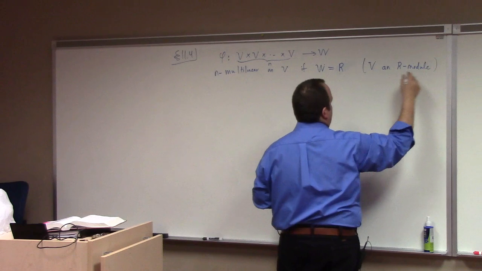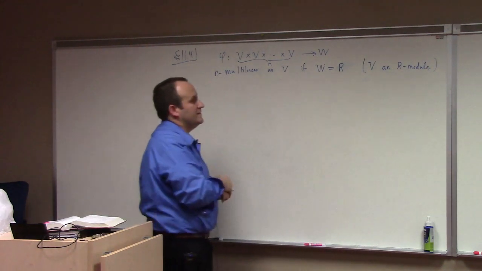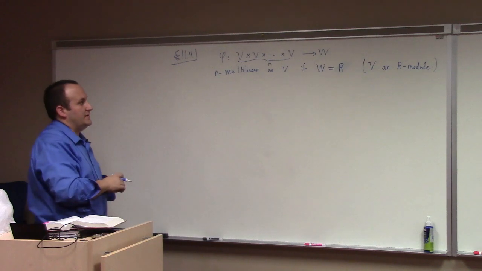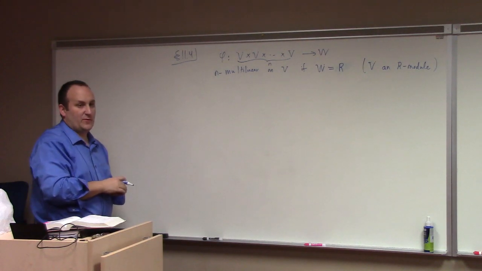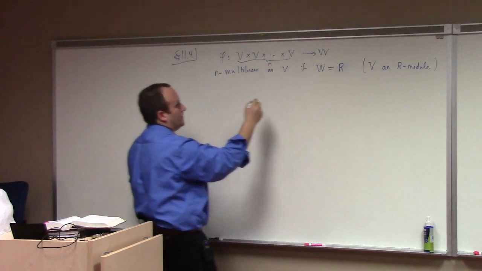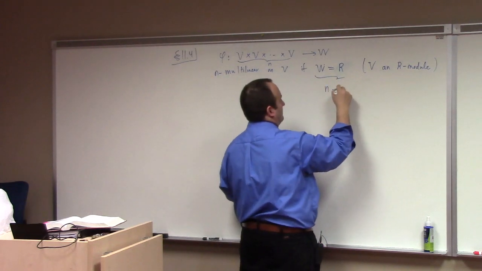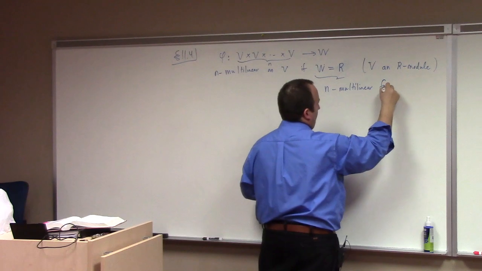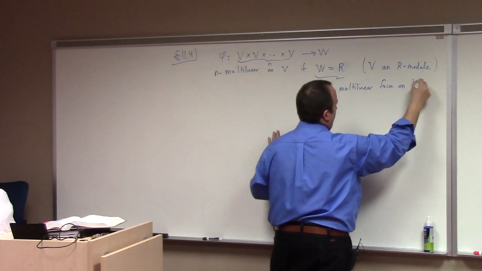Sorry, I have to shake loose my vector space prejudices. So if the output is the ring, then it's known as an n multilinear form on V.